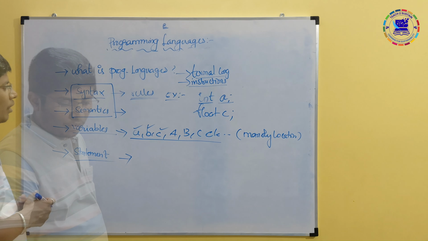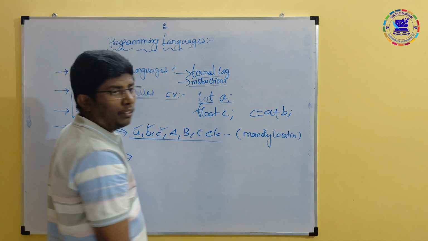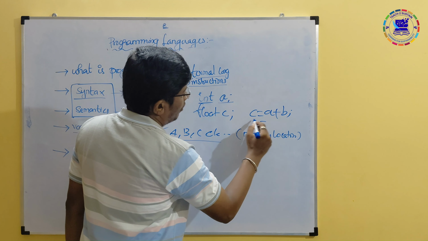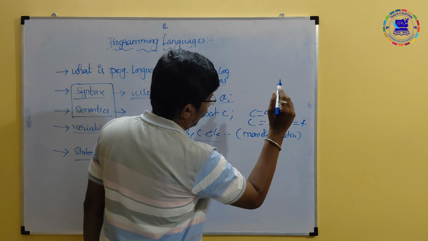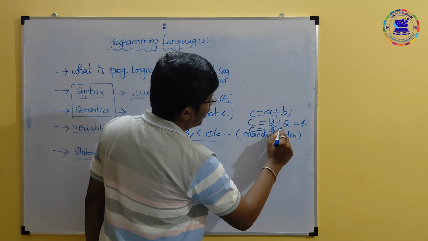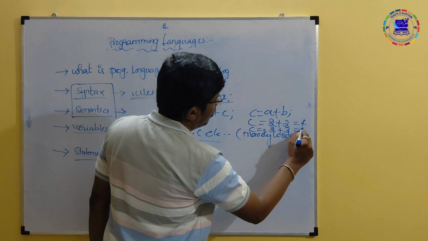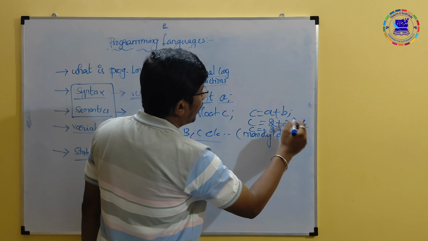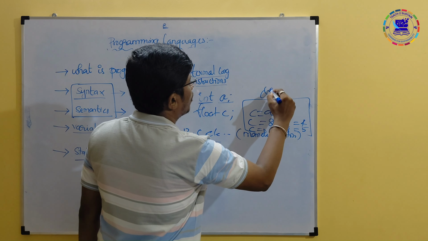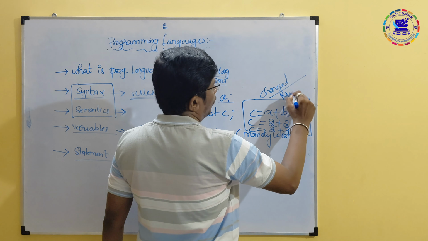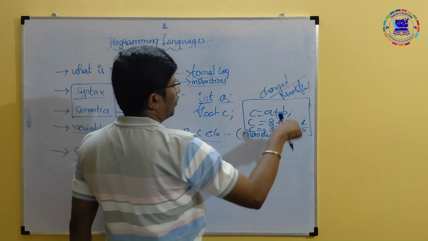For example, c equals a plus b. If a is 2 and b is 2, then c equals 4. If a is 2 and b is 3, then c is 5. So the value of the variable can be changed or modified at any time.